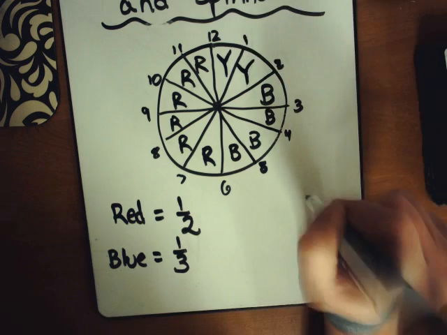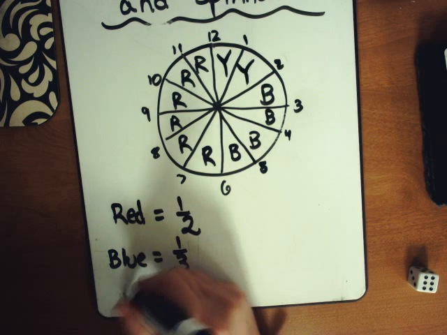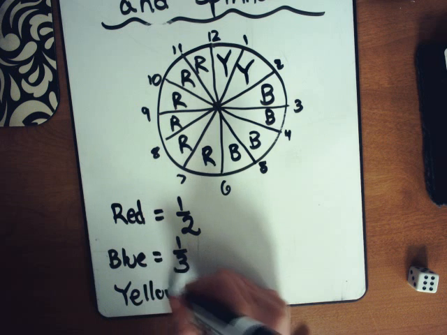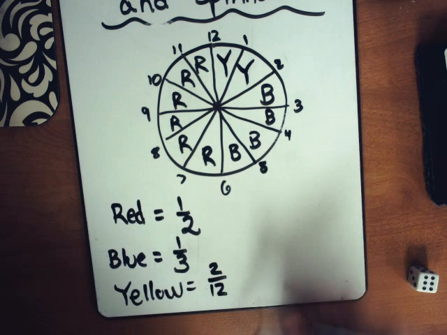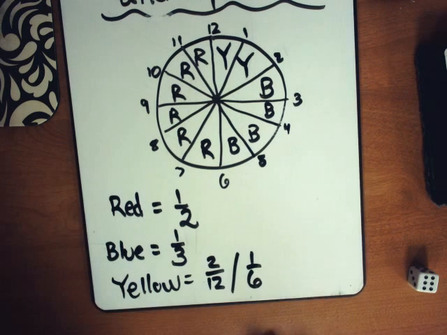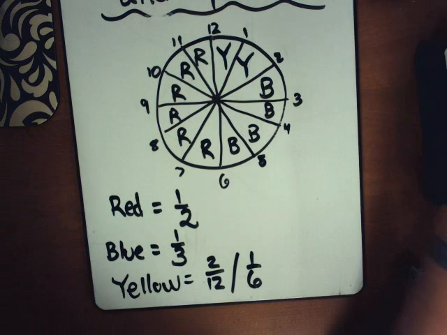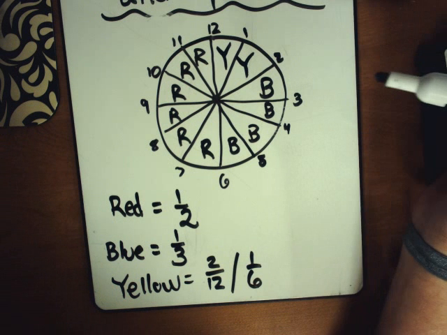What fraction of the spinner is yellow? Right, 2 out of 12 pieces, or 1/6, right? So is this a fair spinner? No. I'm more likely to land on red than I am yellow, right?